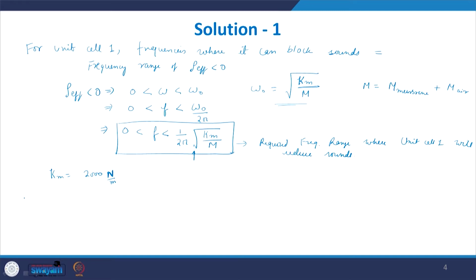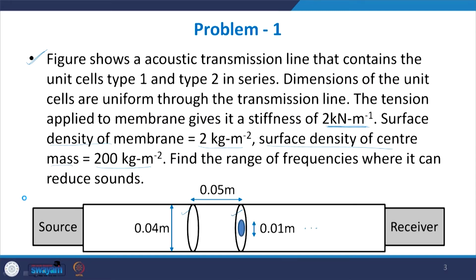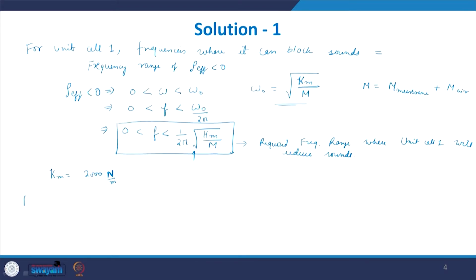For air, the condition for loading is not given, so we make the general assumption that the transmission line contains air as the medium at room temperature.